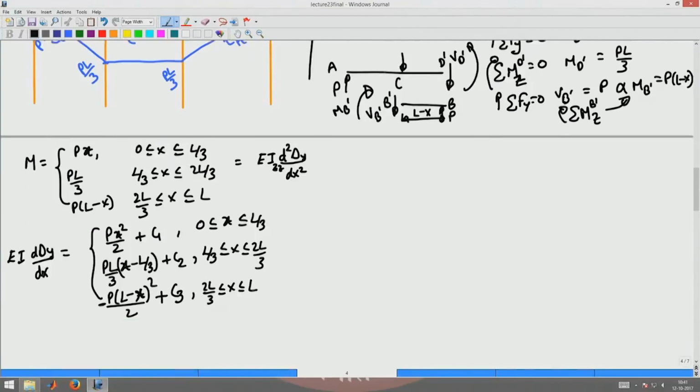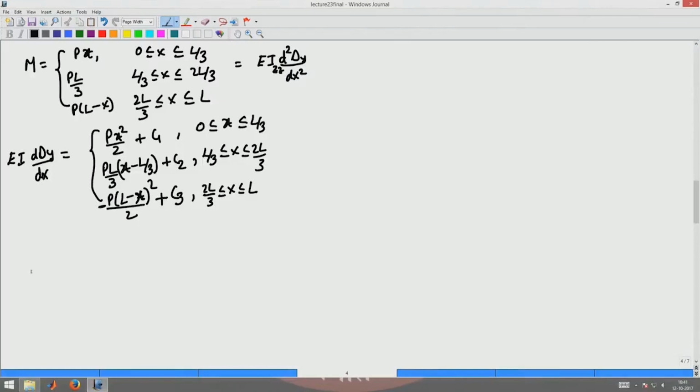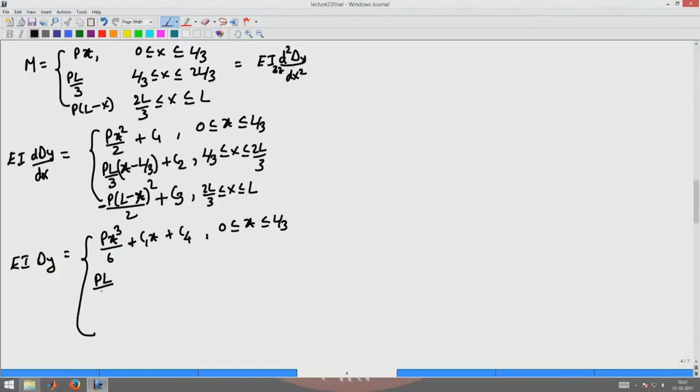Now, I want to integrate this equation once more to get EI delta y. That is going to be P x cube by 6 plus C1 x plus C4 in the region 0 less than x less than L by 3, P L by 6 (x minus L by 3) whole square plus C2 x plus C5 in the region L by 3 less than x less than 2 L by 3.